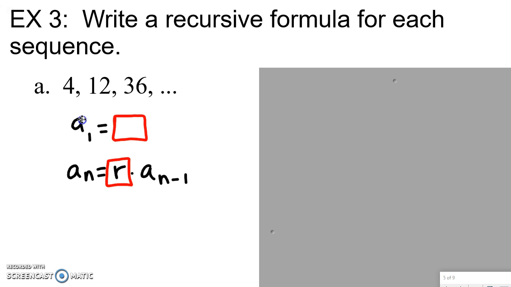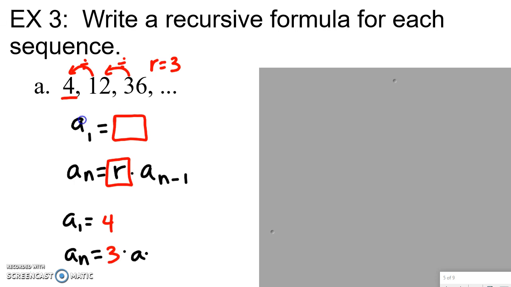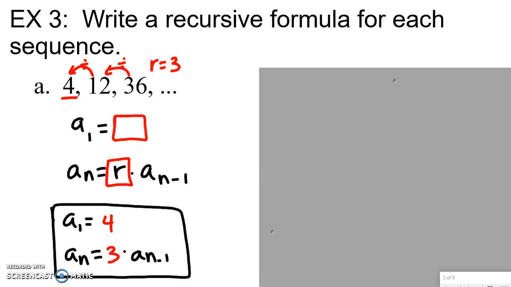So a sub 1, my first term in my sequence, is 4. And then a sub n equals r times a sub n minus 1, so I need to figure out what my common ratio is, so let's divide backwards. It looks like for r I'm getting 3. And this is my recursive formula.